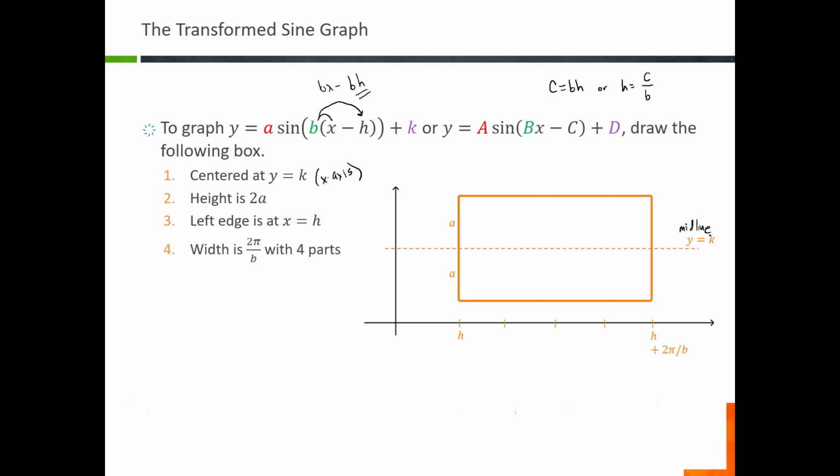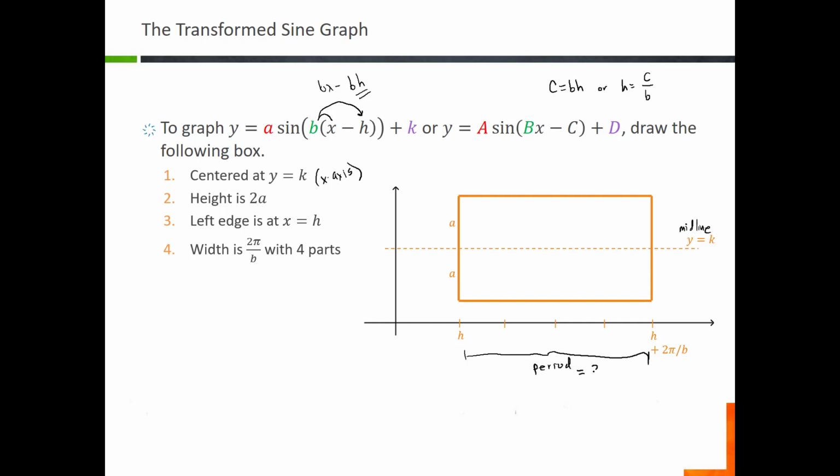So to figure out the right edge of the box, we take h, which is our left edge, plus 2 pi over b. We call this whole length from here to here the period.